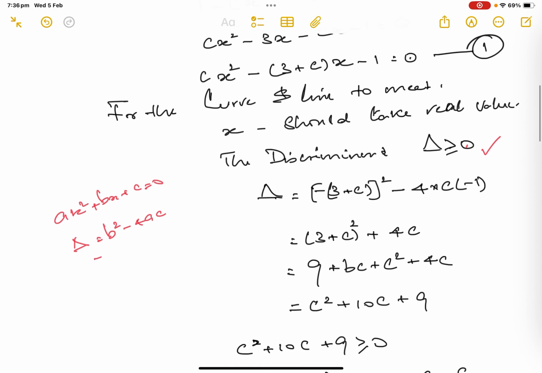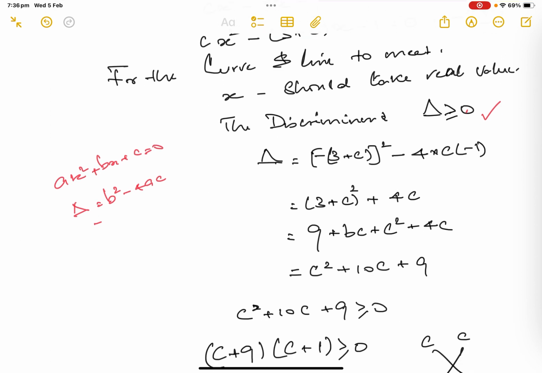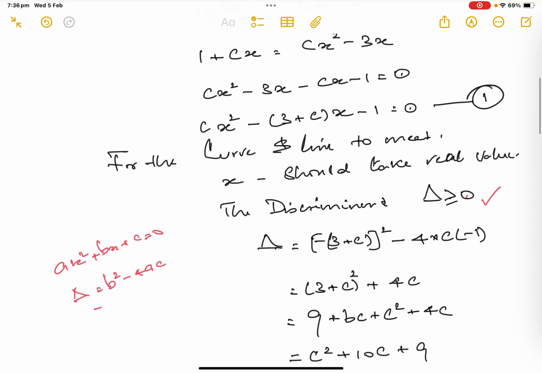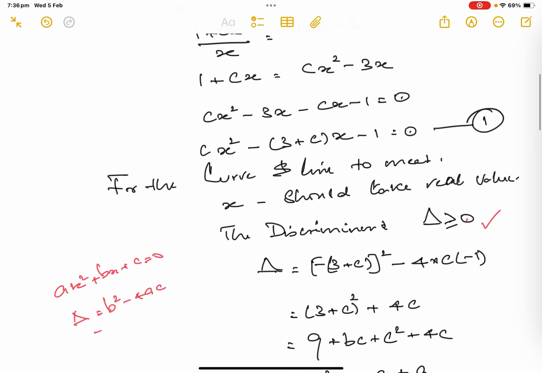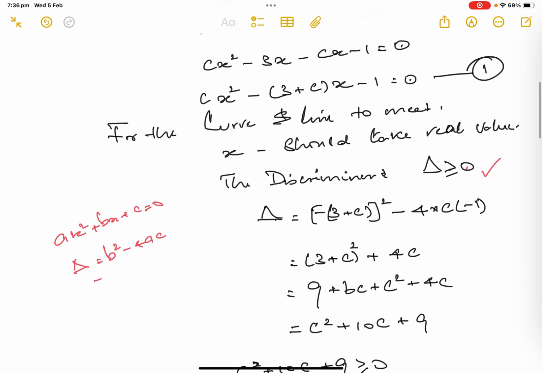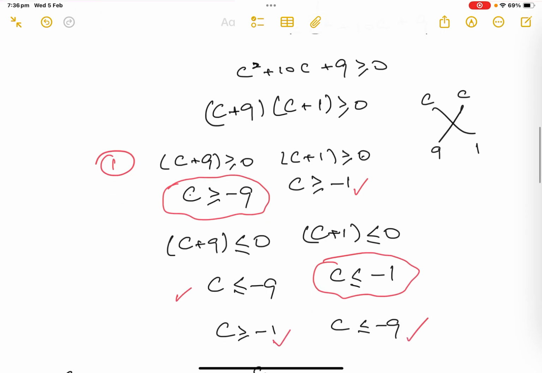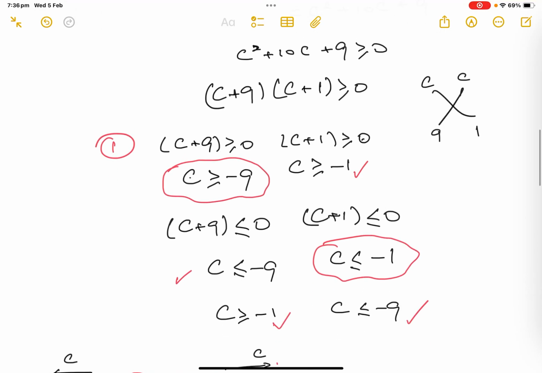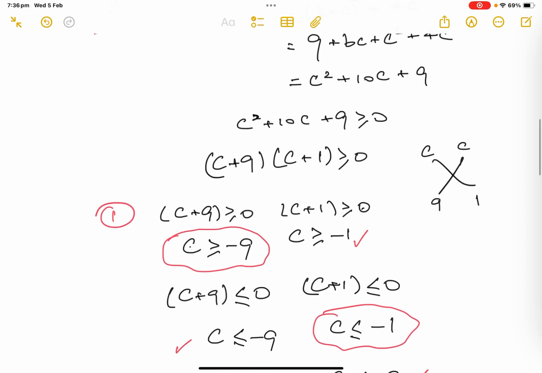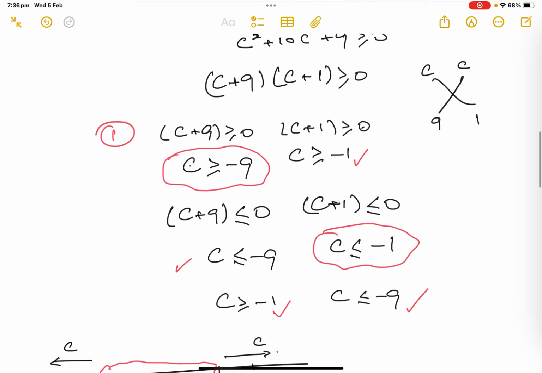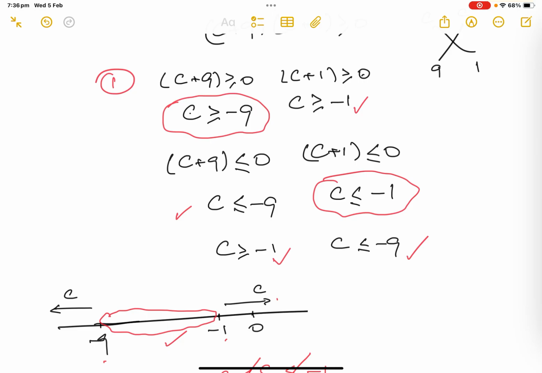Now, it touches the curve. It does not meet the curve and cut it in two places. In that case x would have two values, but this line touches the curve. If it touches the curve, the discriminant is equal to 0. So the discriminant we found, c plus 9 times c plus 1, equals 0.